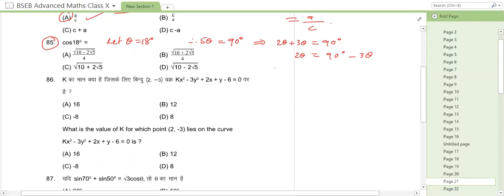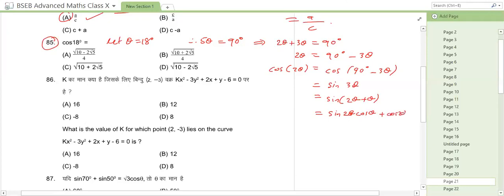Taking cos on both sides, cos 2 theta is equal to cos of (90 degrees minus 3 theta), which is equal to sine 3 theta, which is equal to sine of (2 theta plus theta), equal to sine 2 theta cos theta plus cos 2 theta sine theta.